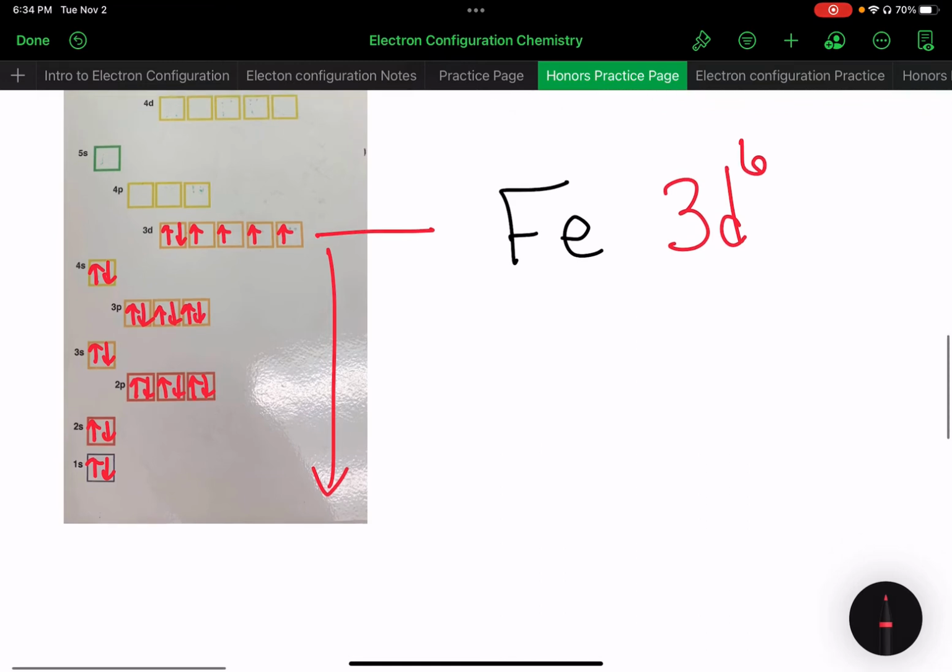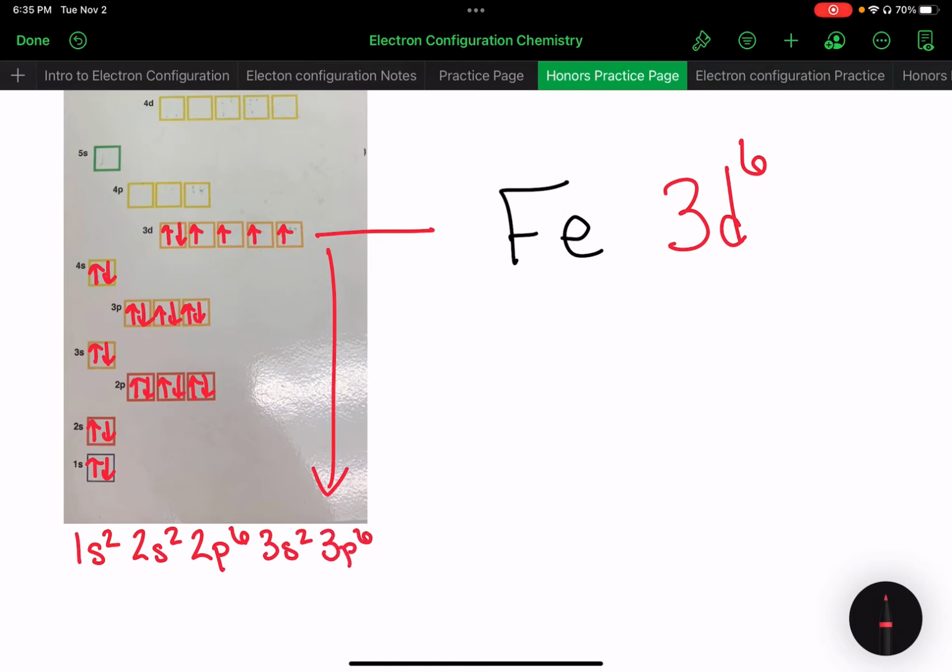Now the nice thing about these charts is that they are color-coded, and so it makes it really easy to start writing them because I've got to put them in numeric order, and then I've got to put them in orbital order. So we have 1s2, 2s2, 2p6, 3s2, 3p6.